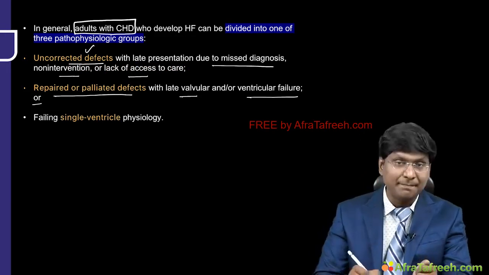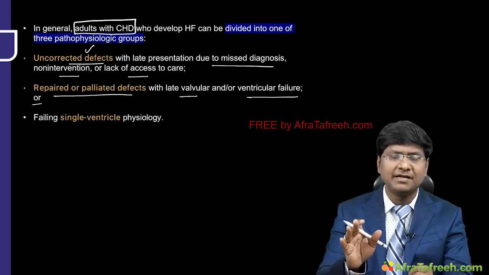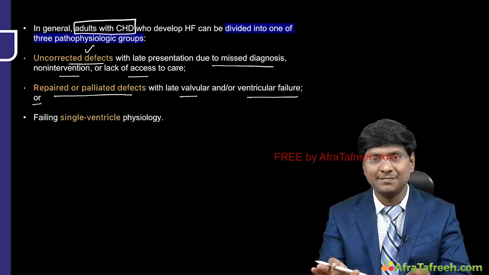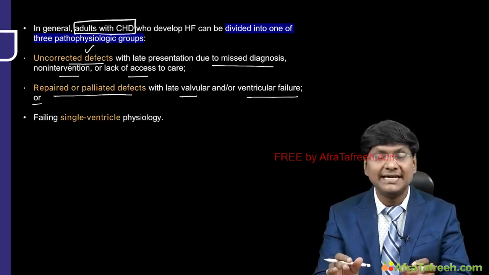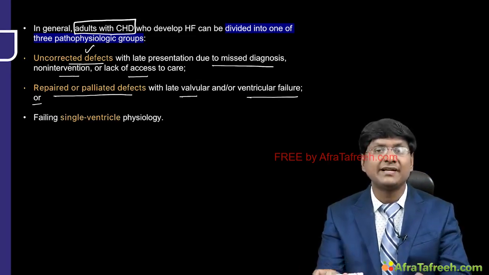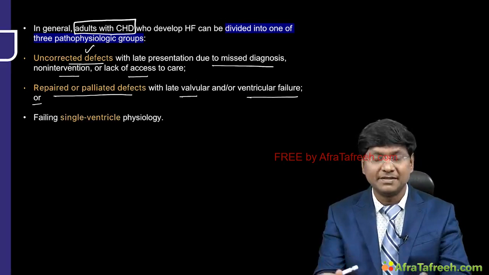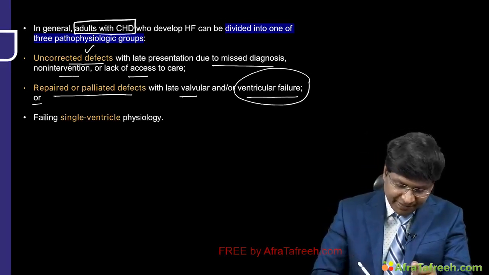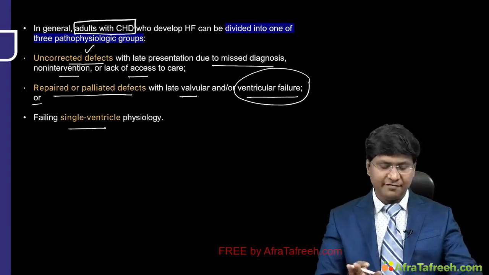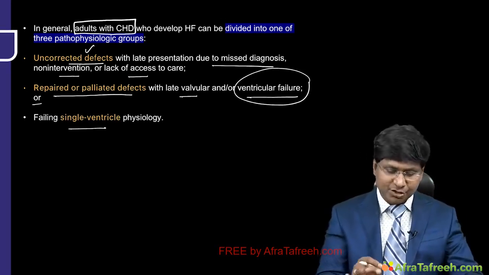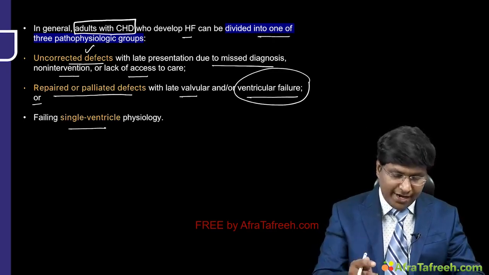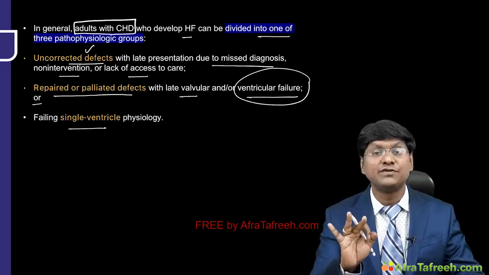If that bicuspid aortic valve has been treated with valvuloplasty but is not corrected properly, then that individual lands up in ventricular failure. Next, failing single ventricle physiology. So adults with congenital heart diseases who develop heart failure can be divided into one of these three pathophysiological groups.